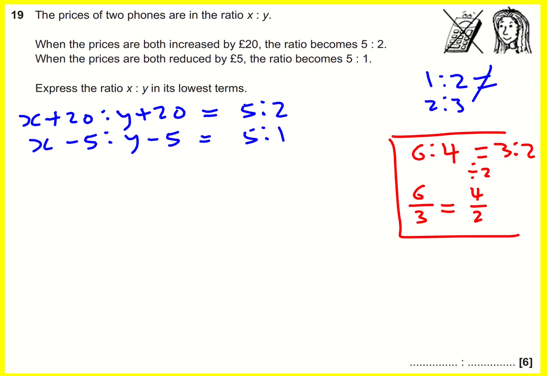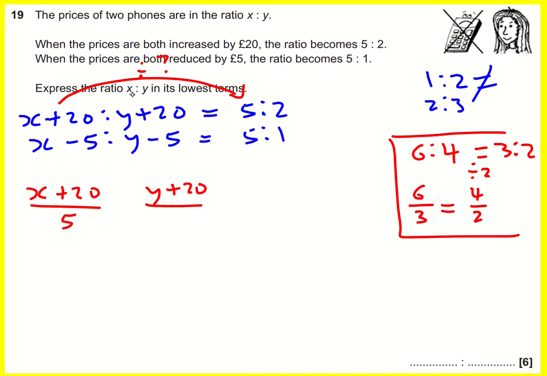And I can actually do exactly the same here. So what am I multiplying through by to get 5? Well, I can do x plus 20 divided by 5, and that would be the scale factor that I'm dividing by to go from here to here. But I could also do the same for y plus 20.